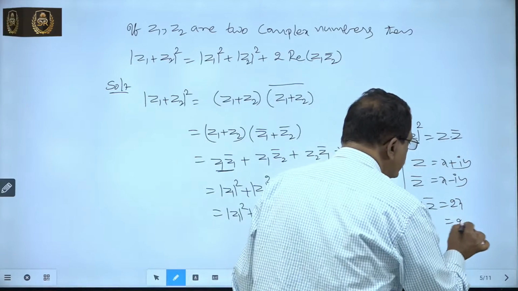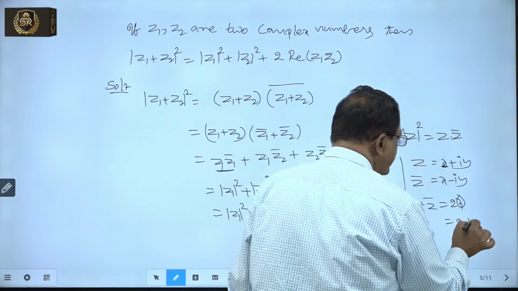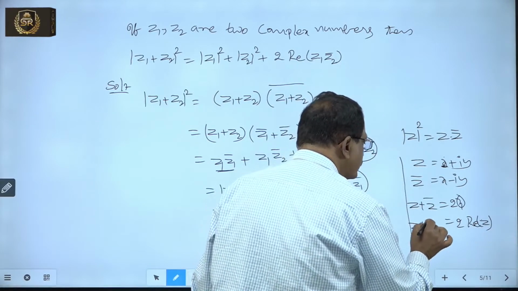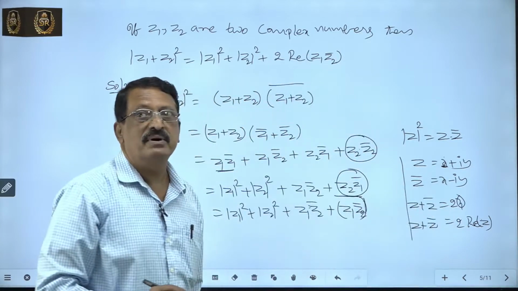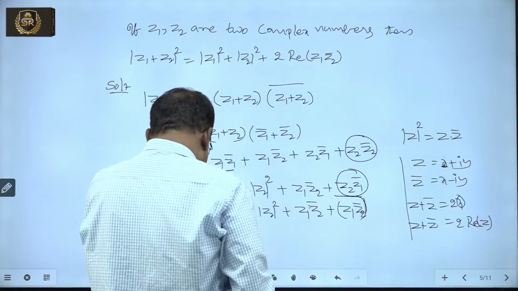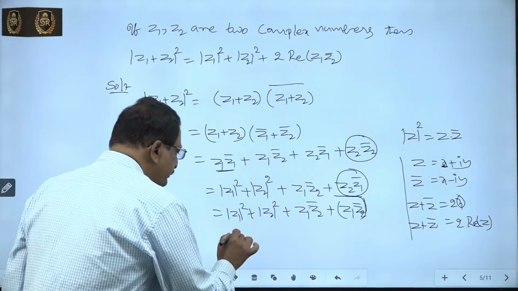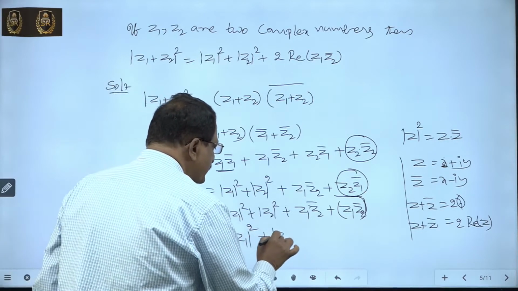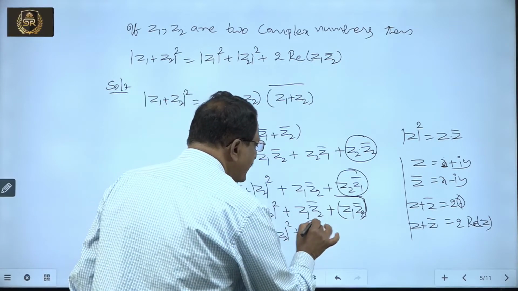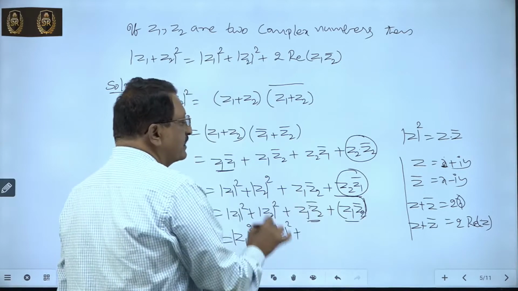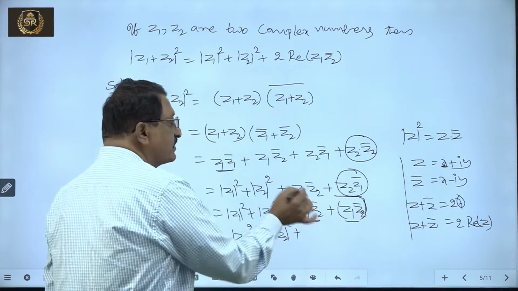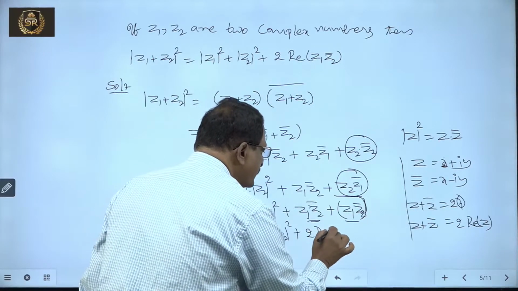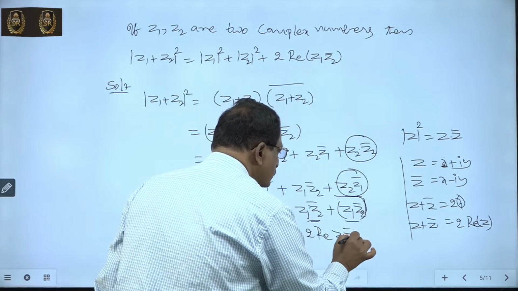That equals 2 into x, which is nothing but the real part of Z. So always Z plus Z bar equals 2 into real part of Z. Now, mod Z1 square plus mod Z2 square plus this value, if we consider one as a complex number and the second one as its conjugate, equals 2 into real part of Z1 Z2 bar.